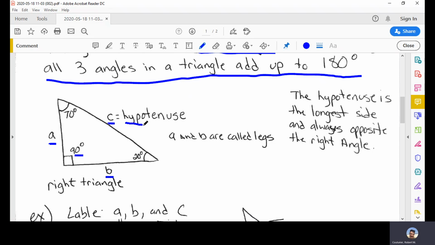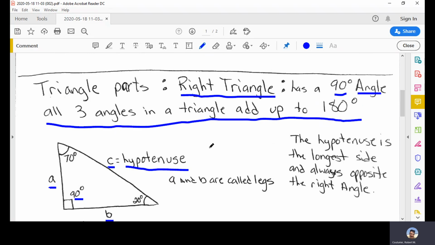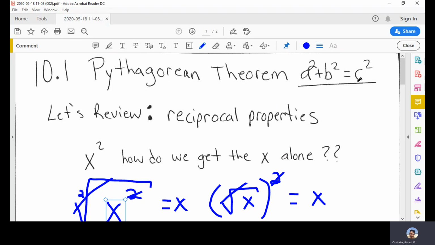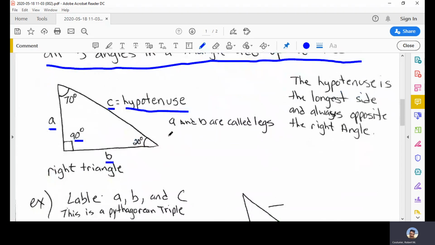Side C is the hypotenuse. It is very, very important to remember this, that side C is always the hypotenuse. Look at our formula up here at the top, the Pythagorean Theorem. C sits in a certain spot. It's all by itself after the equal sign. A and B are together. Well, what are A and B?